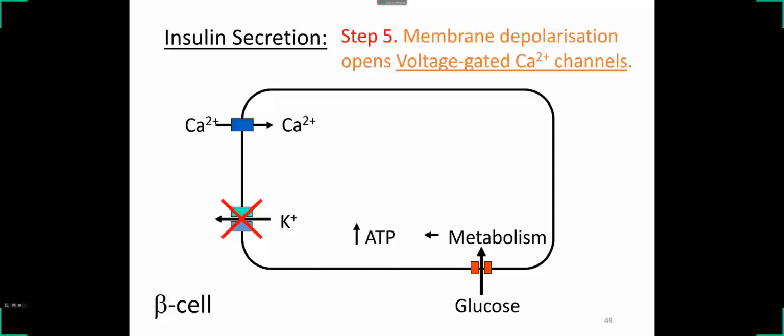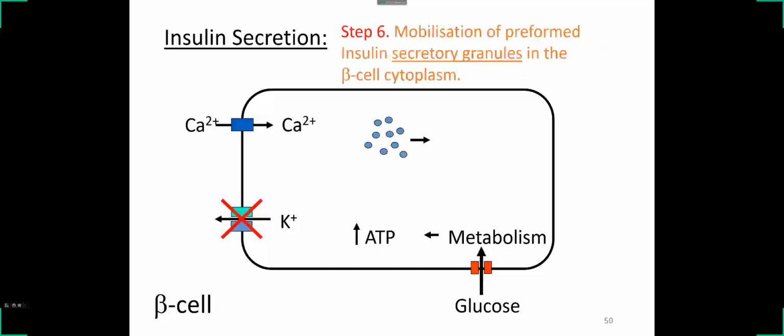This then brings in calcium from the outside and starts to drive mobilization of preformed insulin secretory granules within the beta cell cytoplasm.